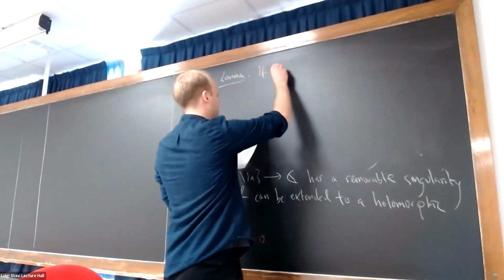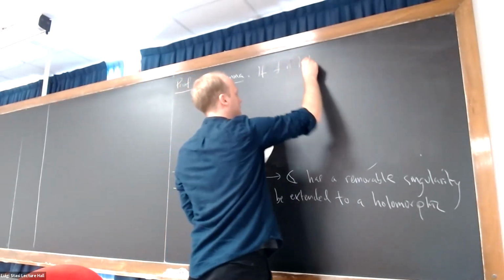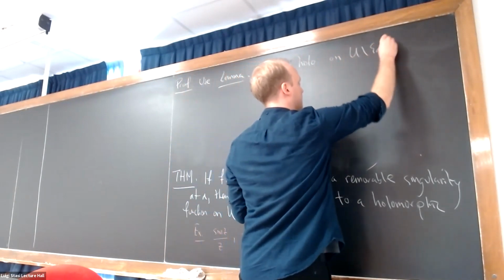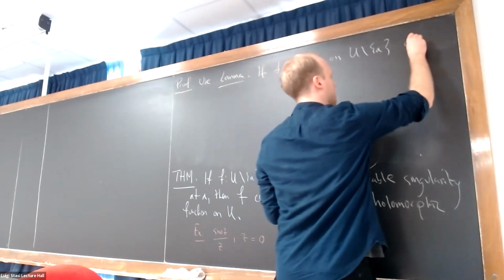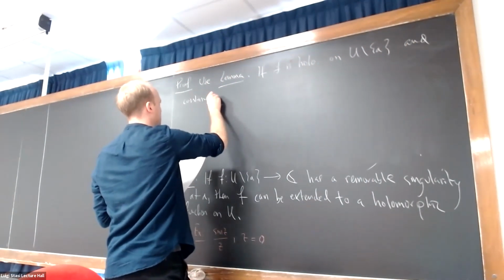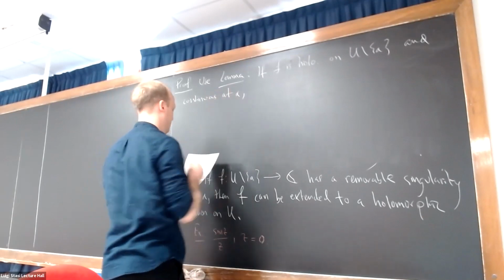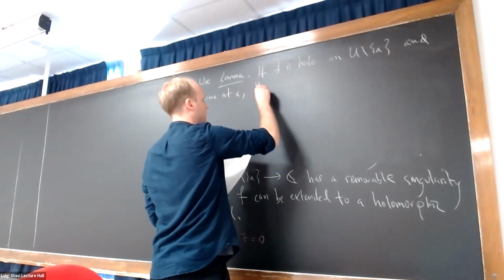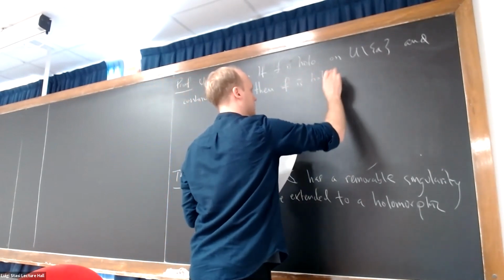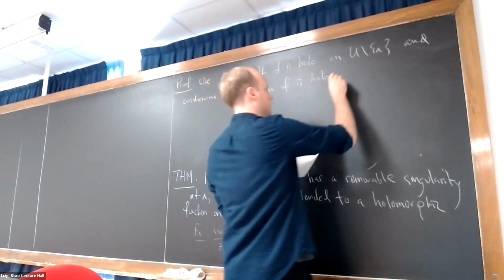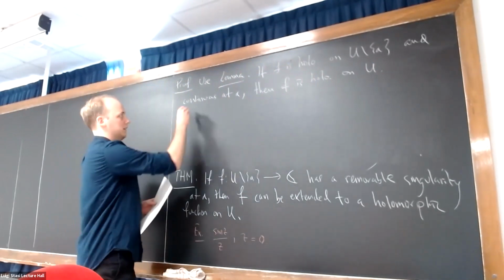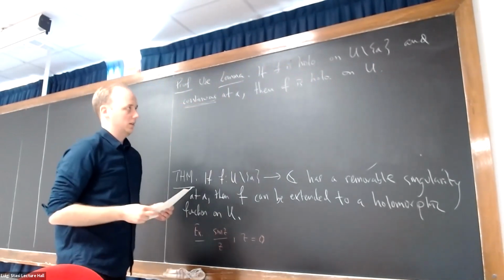So we use a lemma that says that if f is holomorphic on U minus A, and it's continuous at A, then f is holomorphic on all of U. So basically the point is this, okay?